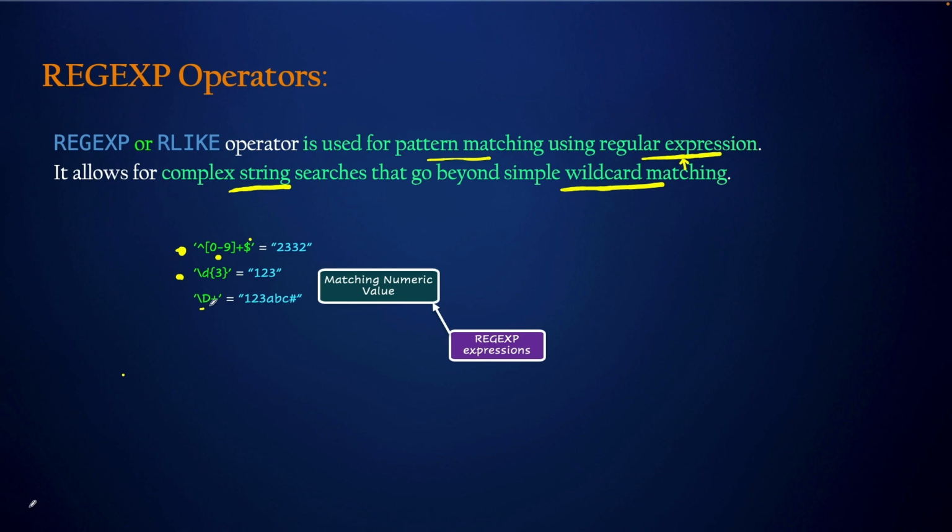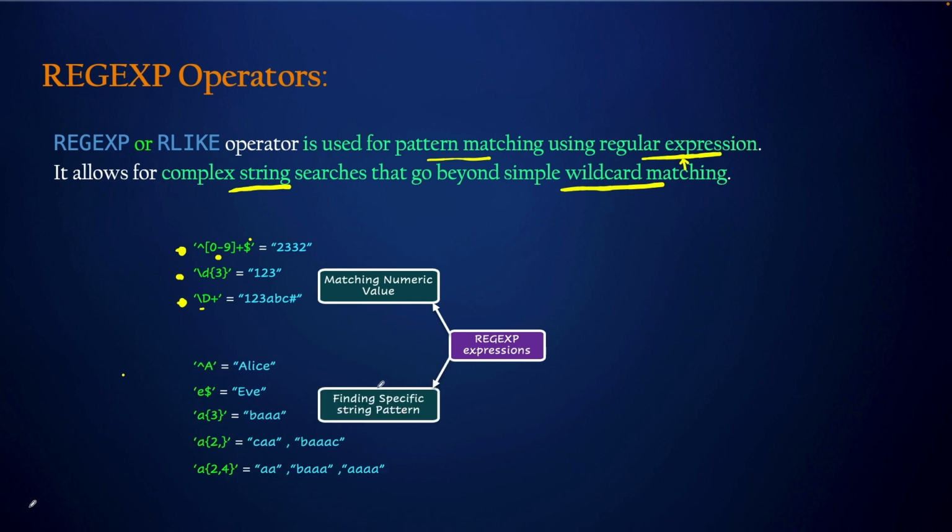It matches non-digit characters in your string, one or more occurrences. So it can be 1, 2, 3, ABC, hash sign, or AB 4, 5, question mark. So these are even non-digit characters. This regular expression tells you that you will have a string with non-digit characters.